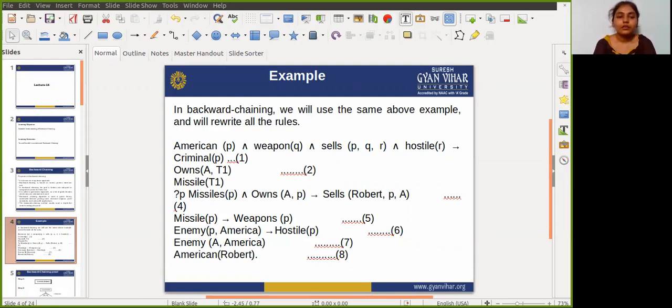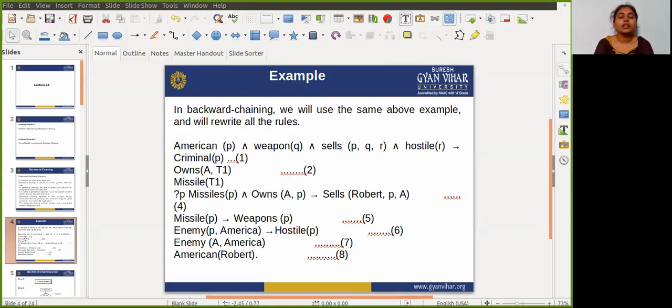Okay, so guys, let's understand how this can be proved in backward chaining. Okay, so guys, you can see here, in backward chaining we will use the same example and we will retrieve all the rules, right?